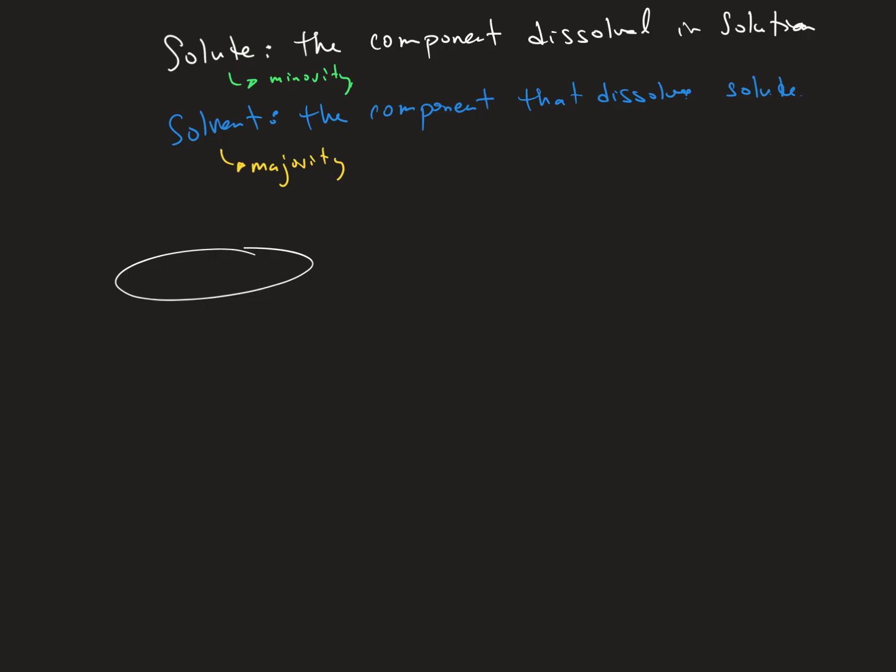So if we have a container of water and we throw salt in it, for example, then the sodium ion breaks apart from the chloride ion, yeah? Why does it break apart? It breaks apart because it's more favorable to be attracted to the water molecules than it is to each other.